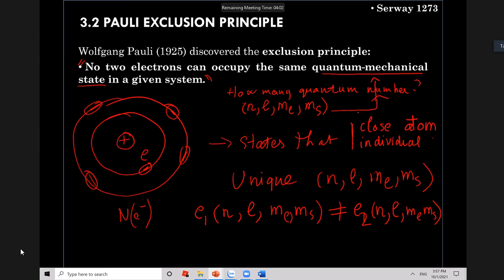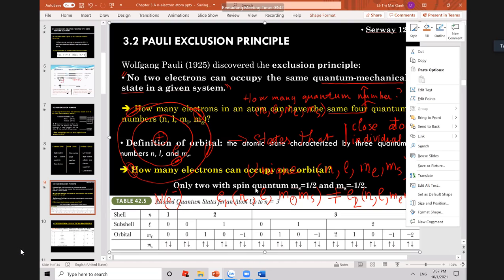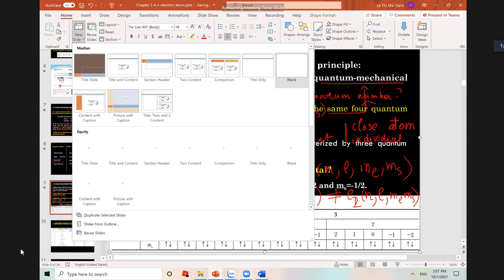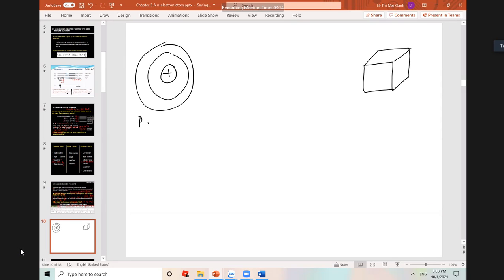However, when you come to a larger system, for example, broadening beyond one atom: for one atom the Pauli exclusion is right.